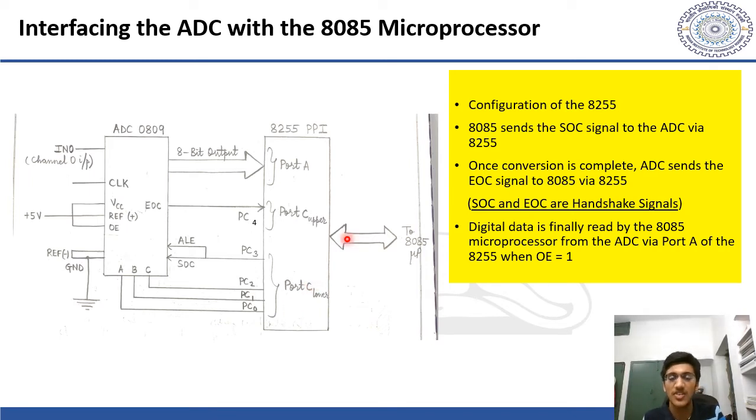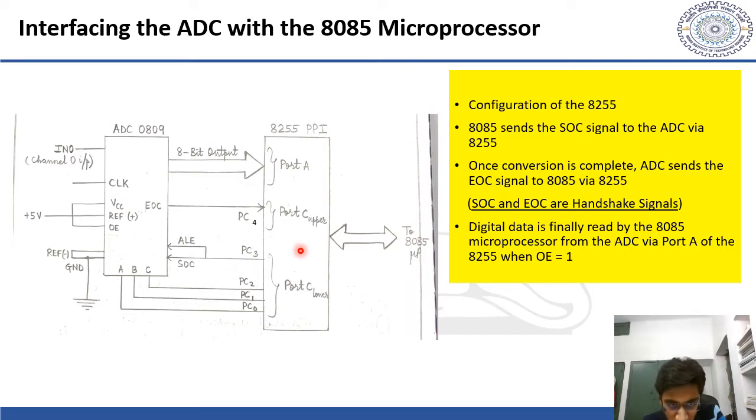However, once the 8255 has been configured, the 8085 microprocessor would send the SOC signal, or the start of conversion signal, to the ADC via the 8255 in order to start the analog to digital conversion process. Once the ADC has completed this conversion, it would send the EOC signal to the 8085 via the 8255.